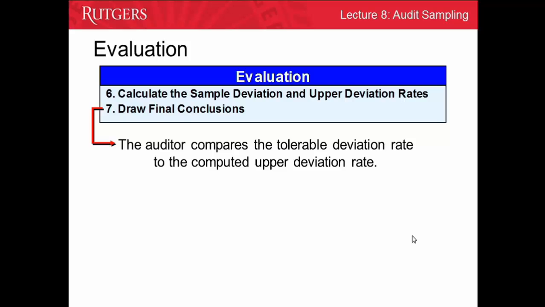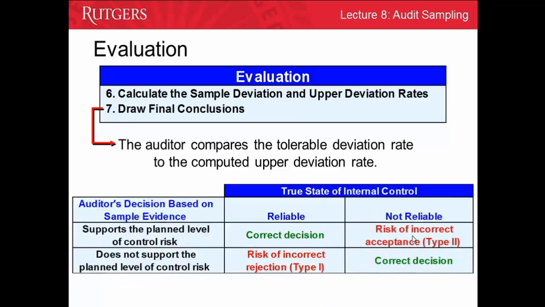If the computed upper deviation rate is less than the tolerable deviation rate, the auditor can conclude that the control tested can be relied upon. If the computed upper deviation rate exceeds the tolerable deviation rate, the auditor must conclude that the control is not operating at an acceptable level.